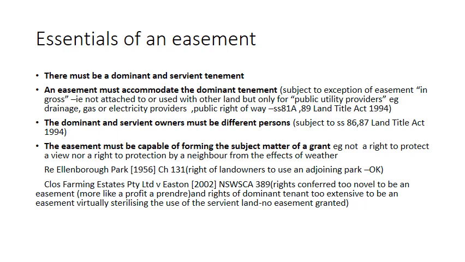However, for an easement to be formed, there must be certain elements. Normally, they are stated as being four major elements. Firstly, there must be a dominant and servient tenement.